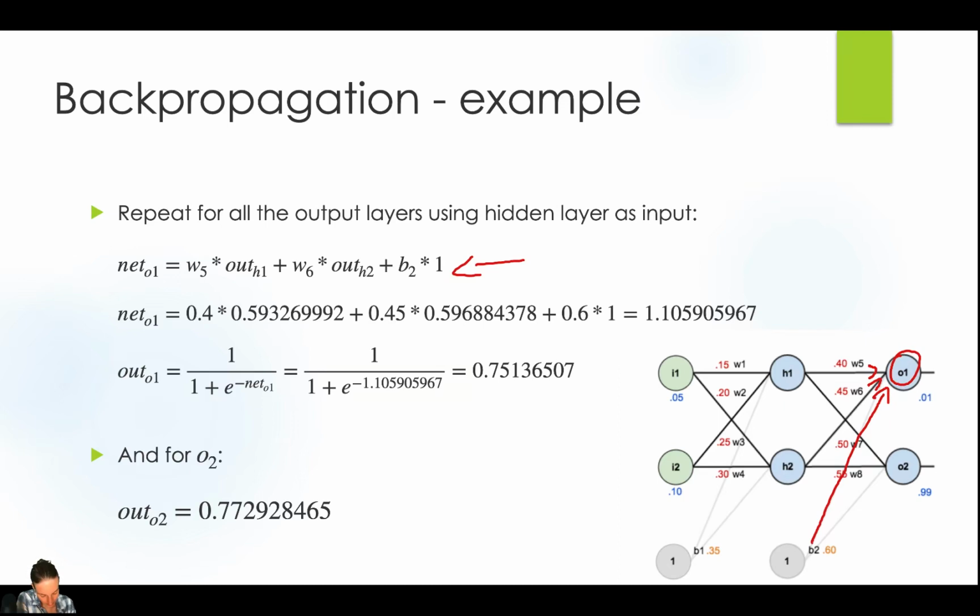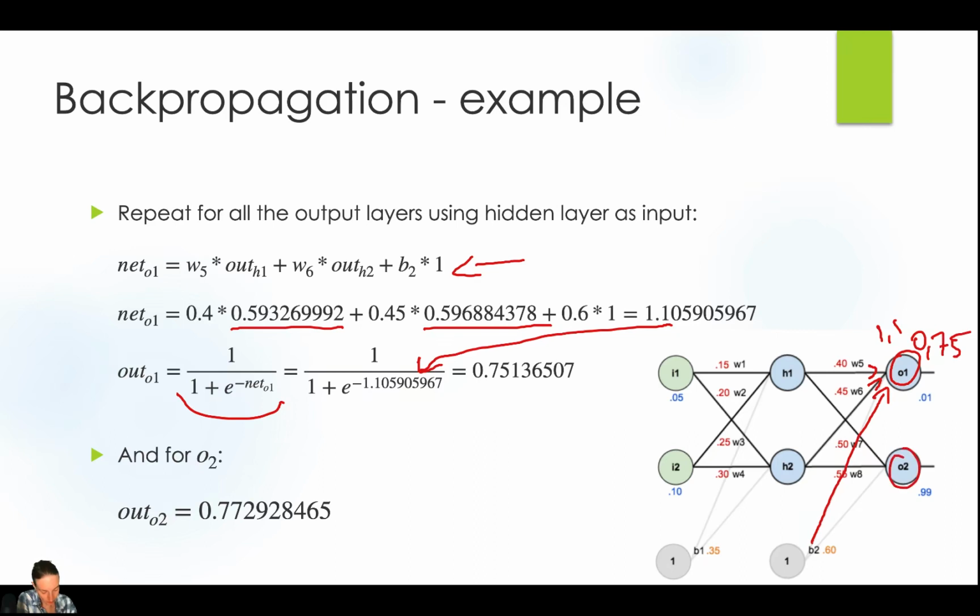If we calculate this based on the H1 and H2 that we calculated in the previous slide, then we get the output 1.1 for the output layer node. Again, we have a sigmoid activation. Plug that result in here, and we get the actual output after activation to be 0.75.